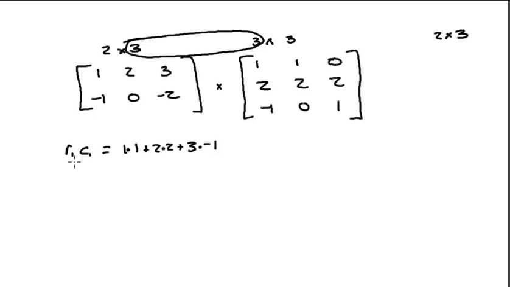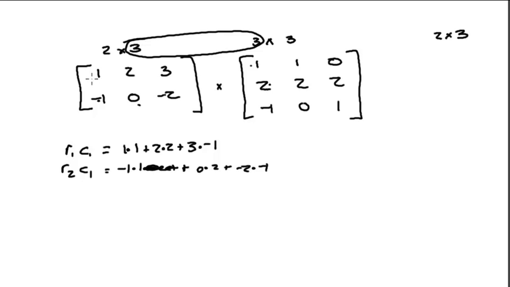Row times column. So now I'll do row 2, column 1. So row 2, column 1 will be negative 1 times 0 plus negative 1 times 1, so that one times that one, plus 0 times 2, plus negative 2 times negative 1.